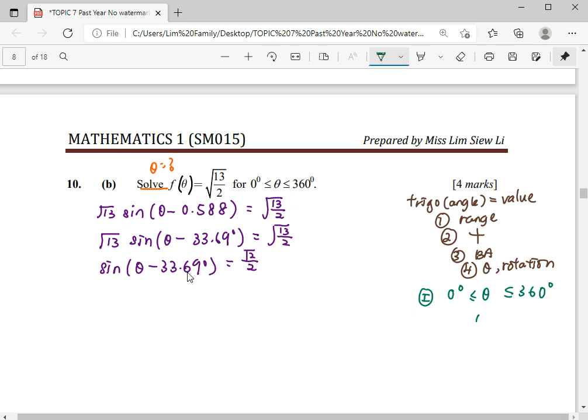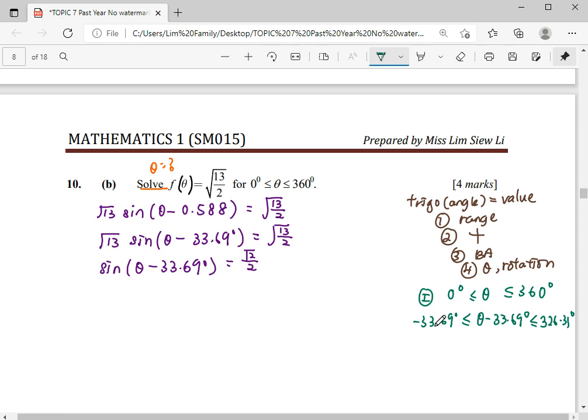So when the angle minus 33.69, the range also will be changed. 0 also will minus 33.69, becoming negative 33.69. Then this 360 minus 33.69, the maximum will go to 326.31. So this is the range. We are referring to our question based on our situation of the solution.